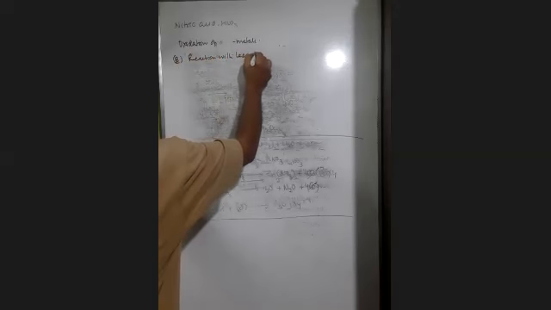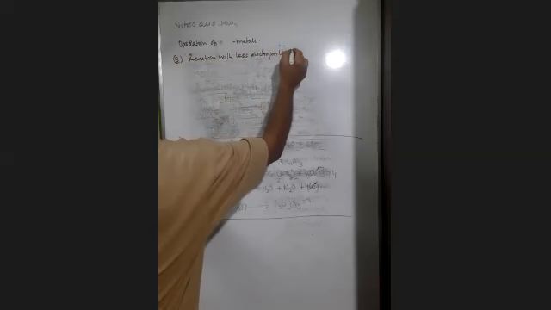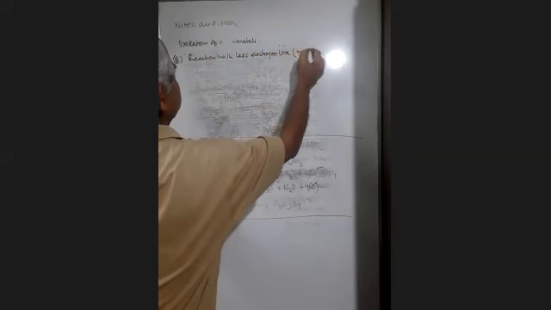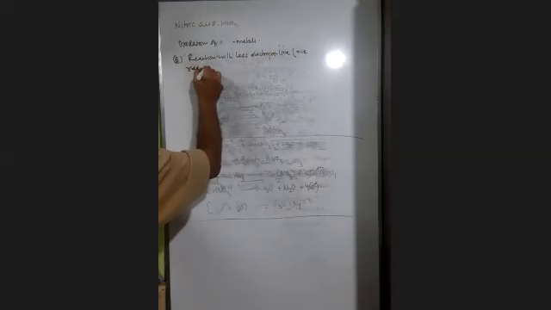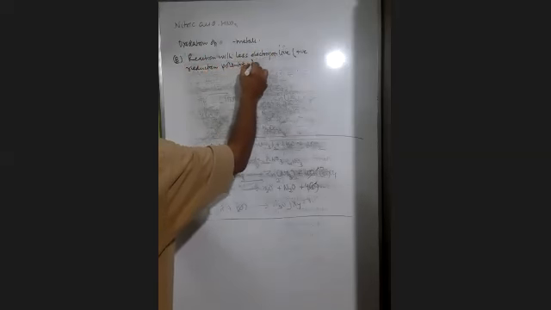Okay, now we'll go for oxidation with less electropositive metals. Less electropositive means what? Positive reaction potential.